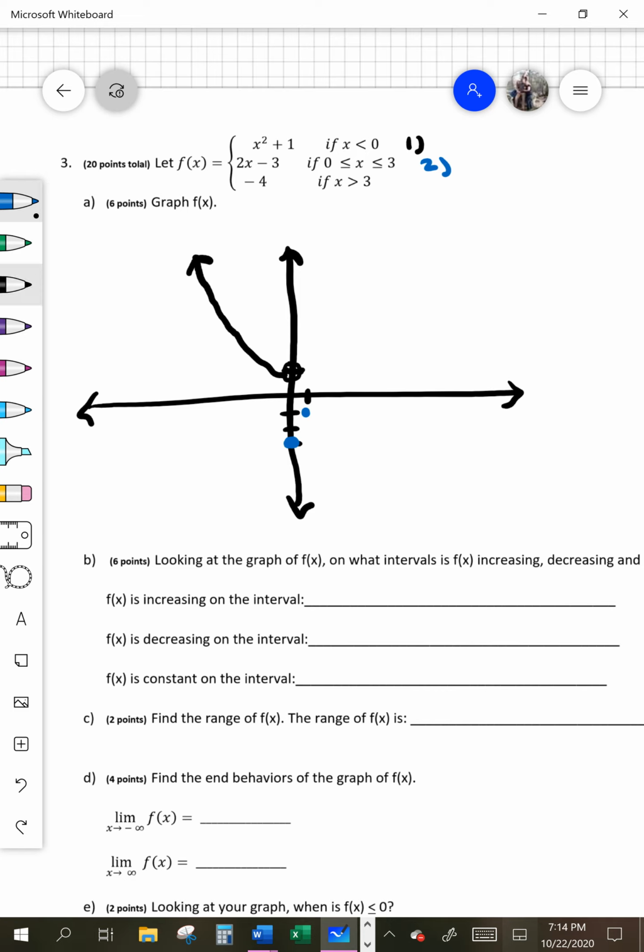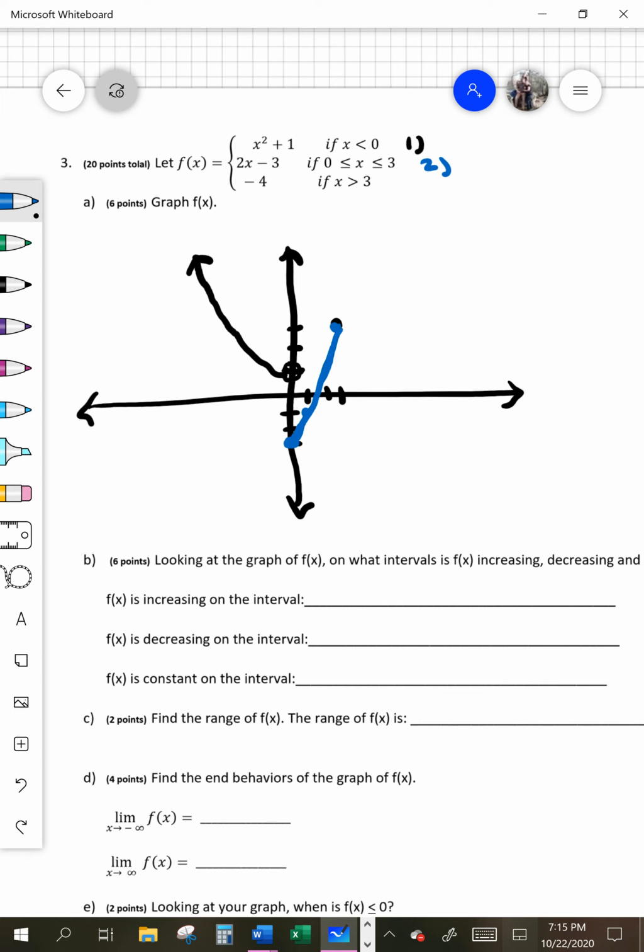Let's look at the endpoint of 3 on the other side of our inequality. 2 times 3 is 6, 6 minus 3 is 3. So when x is 3, we have a y value of 3, and it's a closed circle. So this is a line, it's linear.